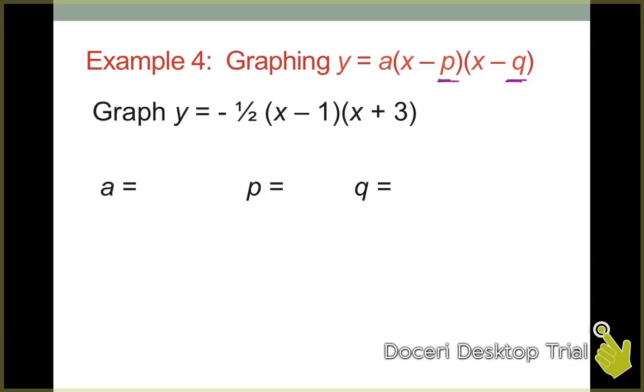Now again, notice that the minus here and here is part of the general form. So when we see x minus 1, that means we're really talking about a p-value of 1. And when we see x plus 3, then we're really talking about a q-value of -3.